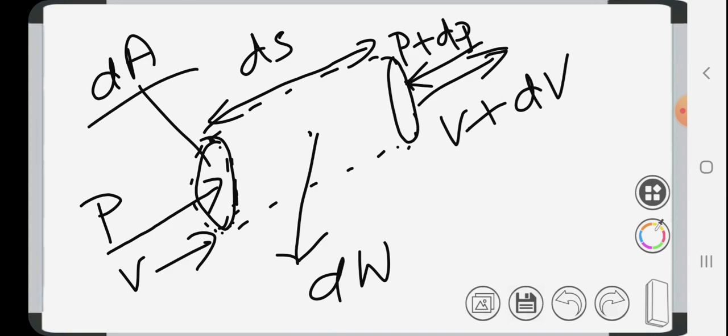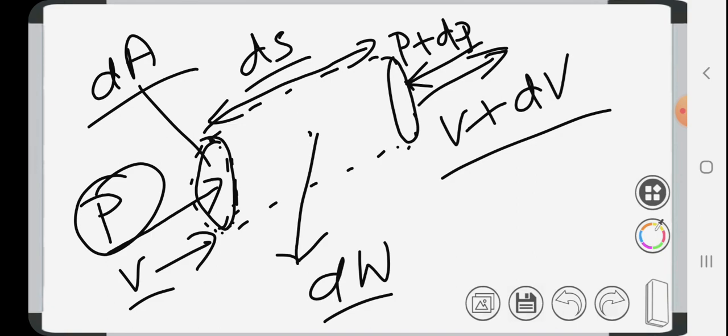So dA is the cross-section area, ds is the length, dw is the weight of the differential element, v is the inlet velocity, v plus dv is the outlet velocity, P acts at the entry, P plus dP acts at the exit.